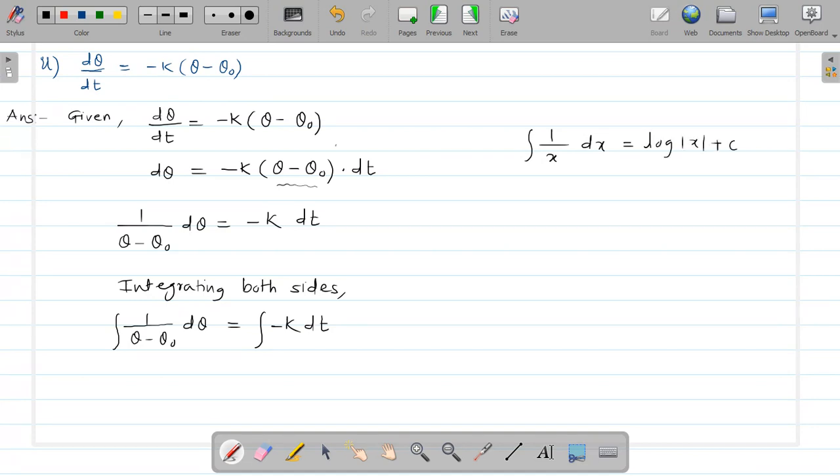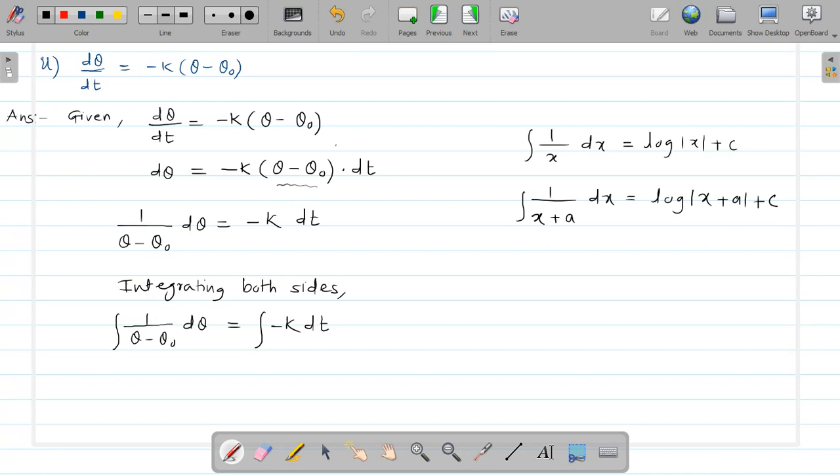Similarly, if you have 1 upon x plus something or x minus some constant, then you will get the integration as log of modulus of x plus a. You can add or subtract any number here.